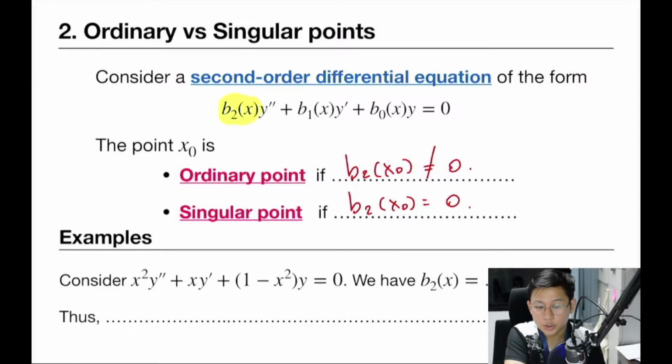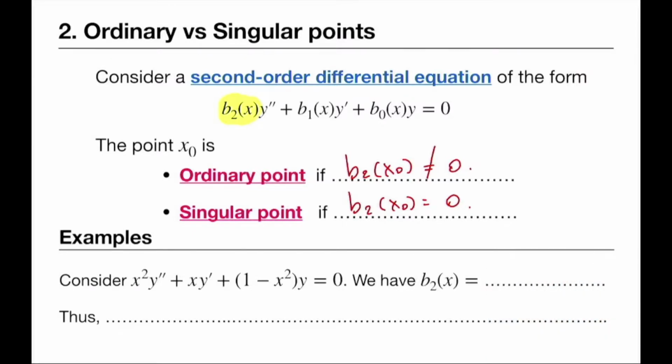Let's look at this example. Consider x squared y double prime plus x y prime plus (1 minus x squared) y equals 0. For this equation, you can see that this is b2(x), this is b1(x), and this is b0(x).